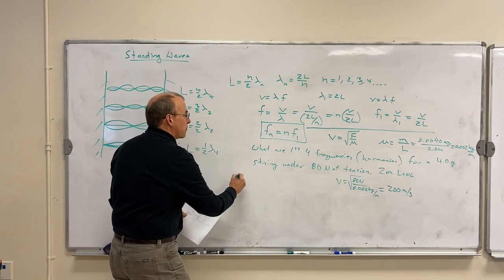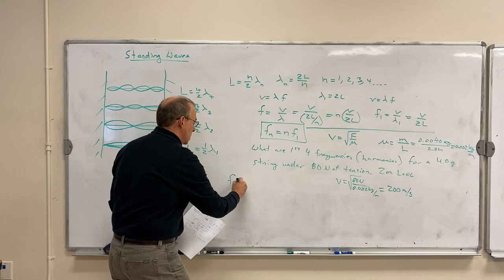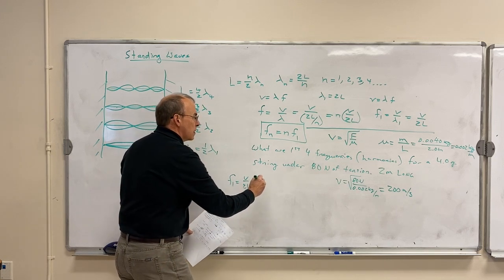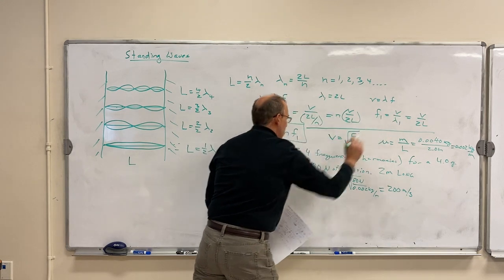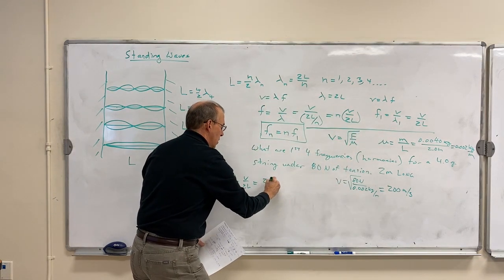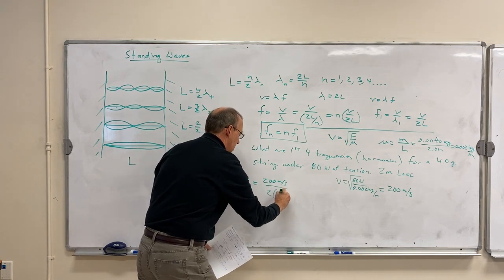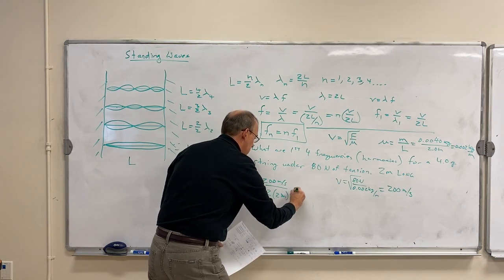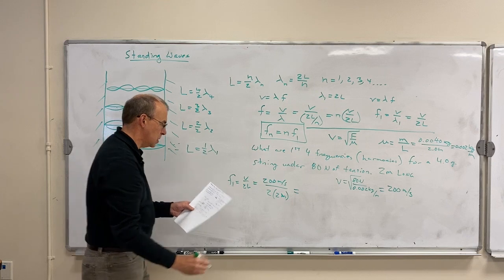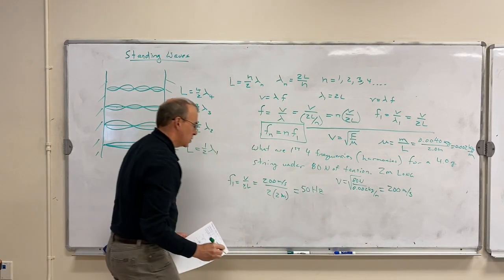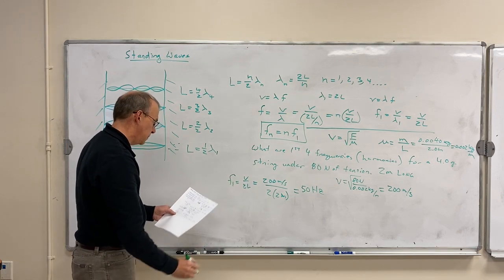So the first frequency is V over 2L. We saw this here. That's 200 meters per second over 2 times the length of the string, which was 2 meters, because I just chose it to be 2 meters. That's 50 hertz. 200 over 4 is 50.